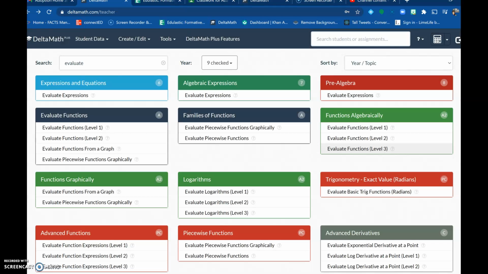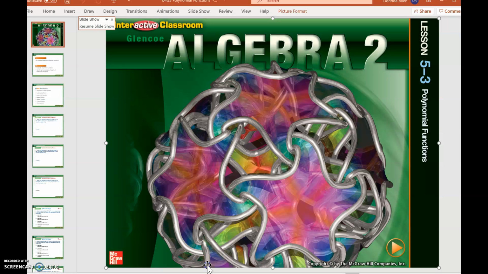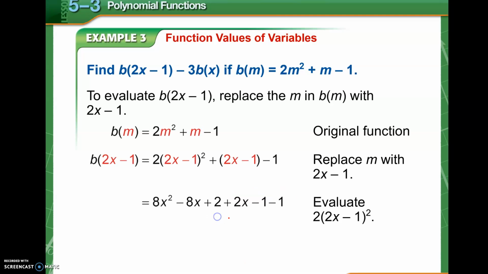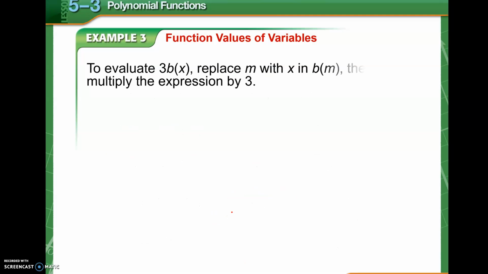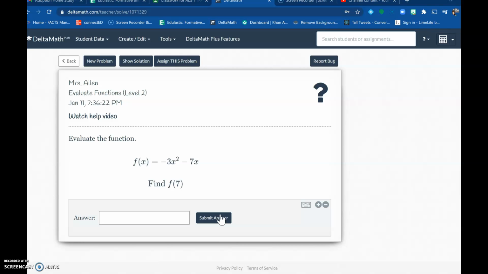If it asks for f of a value, we talked about this with the remainder theorem, but if I wanted to evaluate this function, that would be like plugging 7 in for this function.